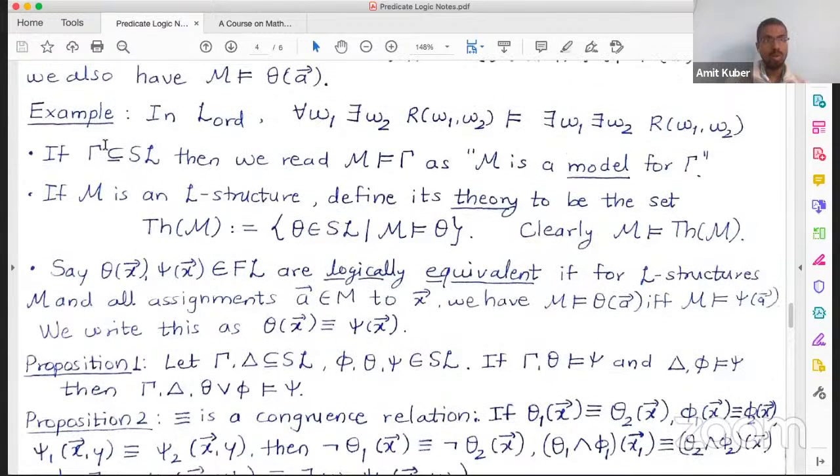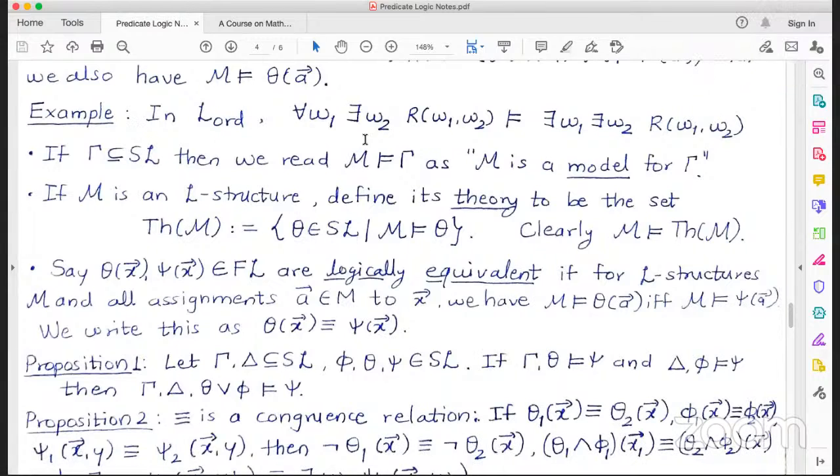Theory and model. So gamma is a set of sentences. And we say that an L structure is a model of gamma if every sentence is true in there. For example, if you take the group Z, plus, 0, minus, then the plus operation satisfies the axiom of being associative.